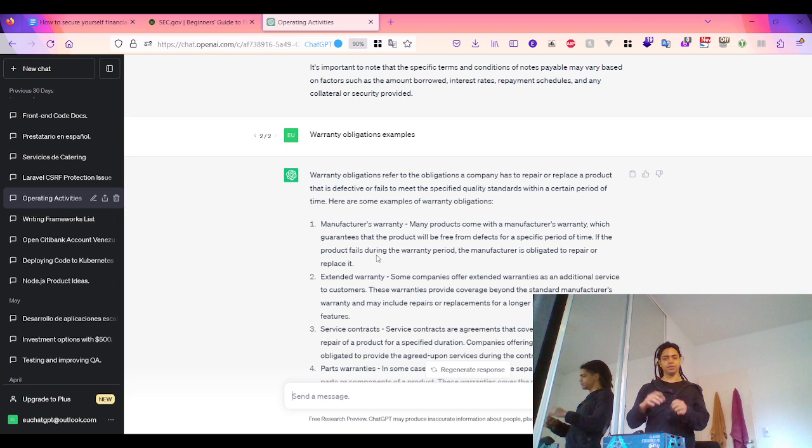The most common operating activities, just operating assets and operating liabilities.